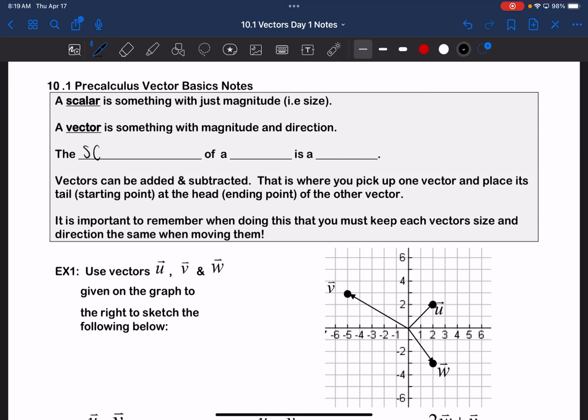The scalar of a vector is a speed or magnitude, and it will be denoted one of two ways.